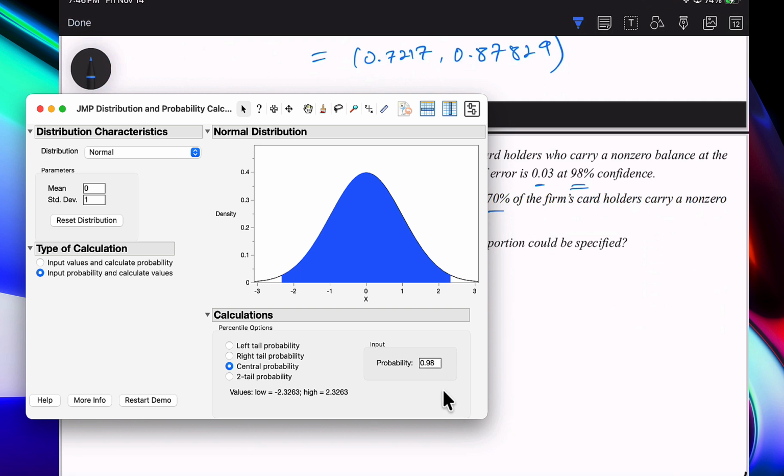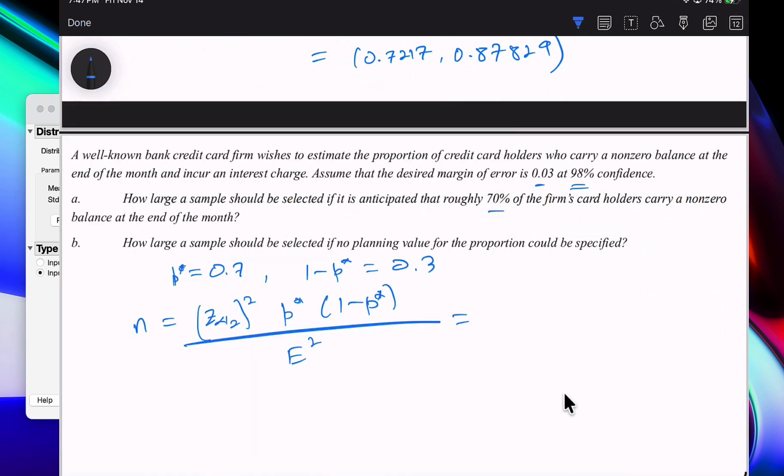So here we get 2.2363. So we apply this in our calculation: 2.2363 squared, our P is 0.7, 1 minus P is 0.3, and we divide this by the margin of error, 0.03, squared.